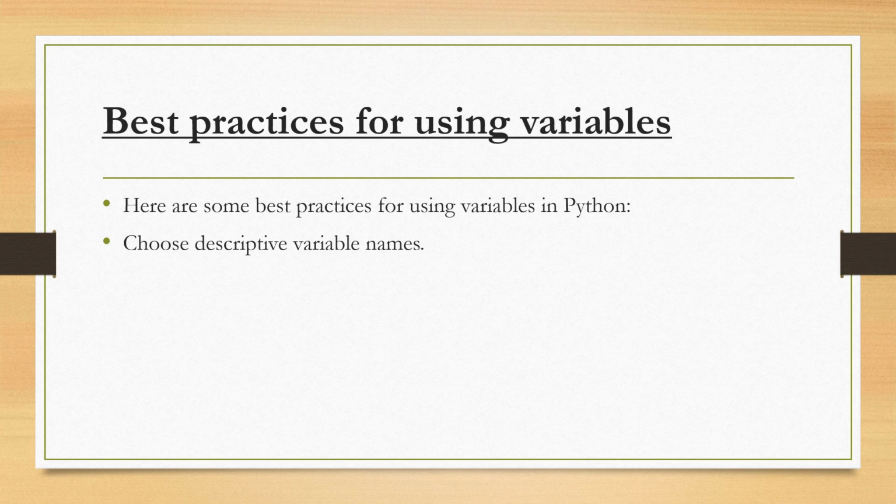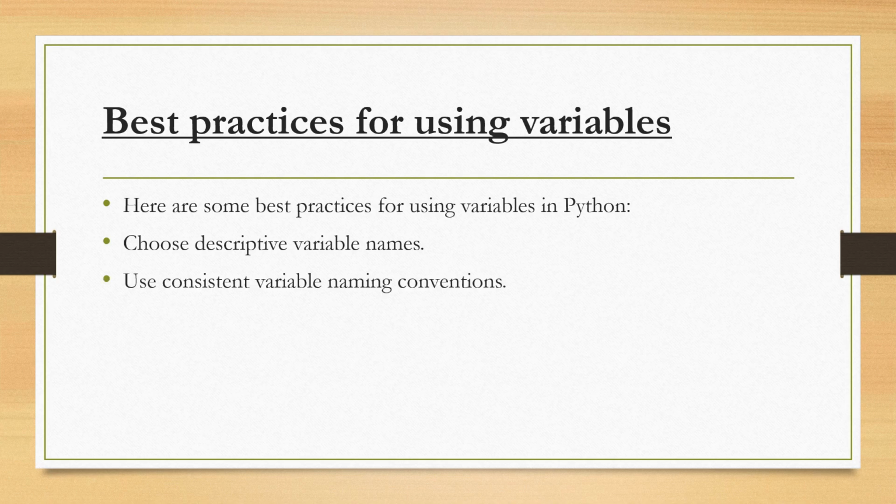You don't have to use a equal to 10, b equal to 10, and then store the addition of that in c equal to a plus b. This is not the correct way. You have to use number1 equal to 10, number2 equal to 20, and then use sum or addition equal to number1 plus number2. This is the correct way of using variables.